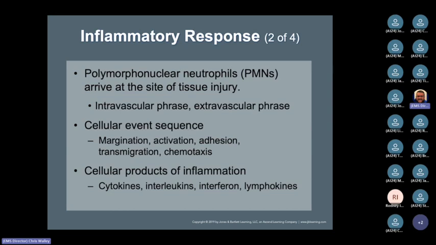Interferon is a protein produced by cells when they are invaded by viruses. And lymphokines stimulate leukocytes. The macrophage activation factor stimulates macrophages to help engulf and destroy some foreign substances. Migration inhibitor factors keep white blood cells at the site of infection or injury until they can perform their designated task.